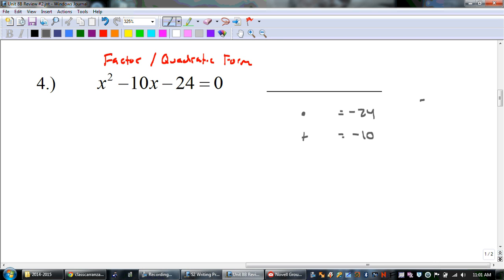If you need to go off to the side and write all the factors of 24: 1 and 24, 2 and 12, 3 and 8, 4 and 6. Just remember that it's got to work for both cases. One of those needs to be negative.